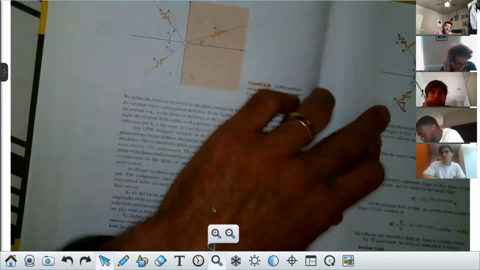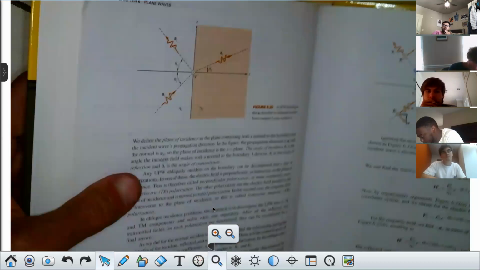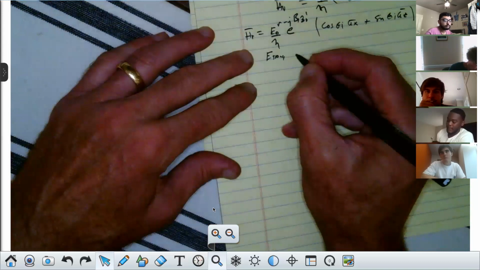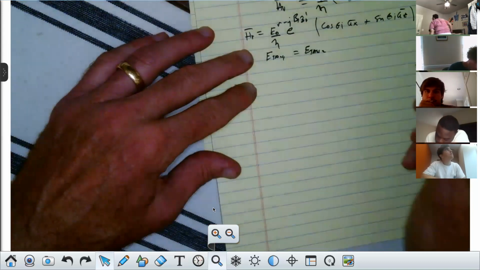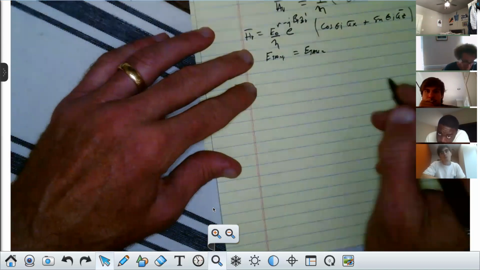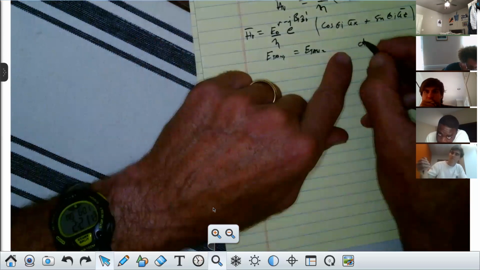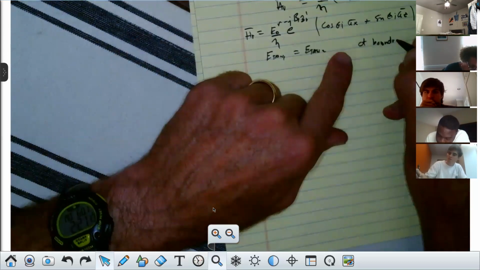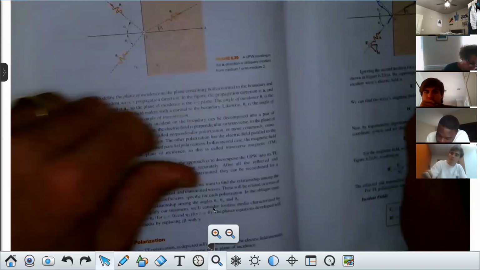So when I take a look at this and I put E tan 1 equal to E tan 2, what I'm really doing is saying I'm going to put this at the boundary. And you notice that Z equals 0, right? We made sure that the boundary was put at Z equals 0.